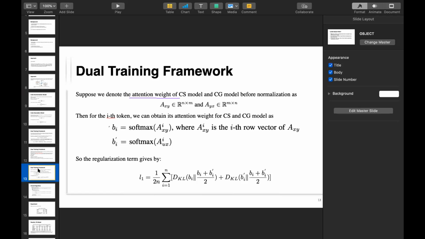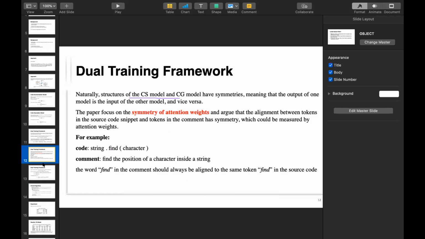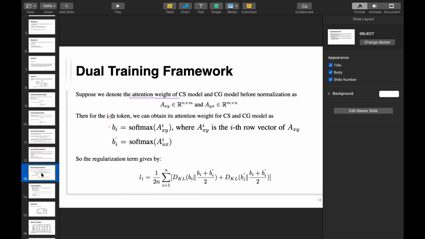Yeah, maybe I can answer the first question first. Okay. Just now, the attention weights here are the attention weights between the encoded input and the decoder.